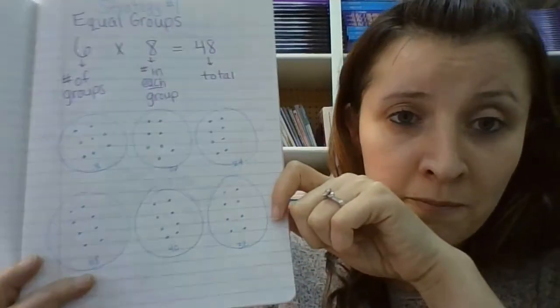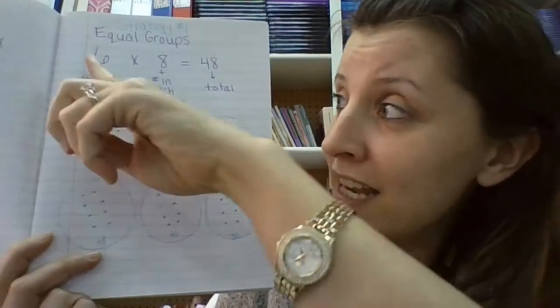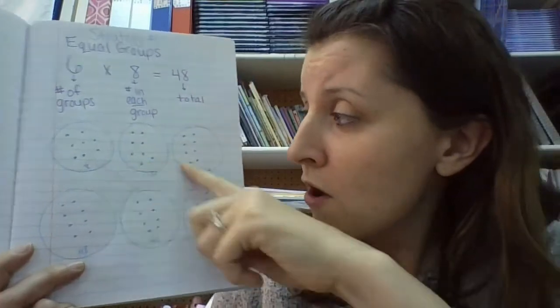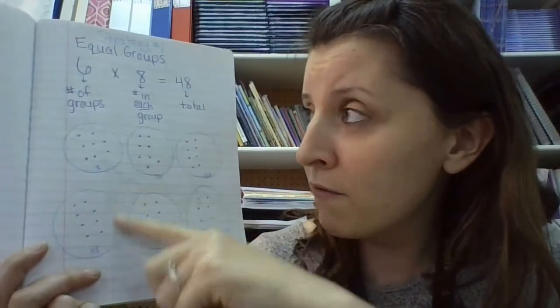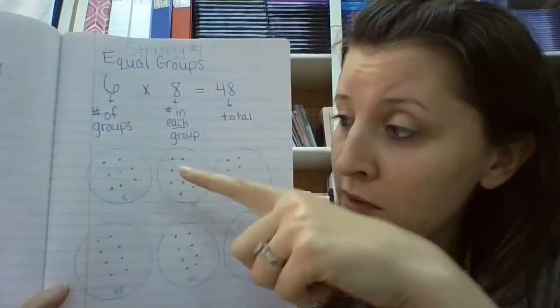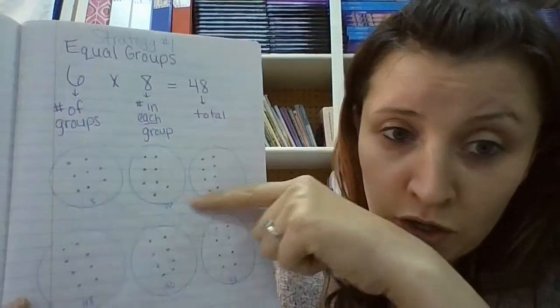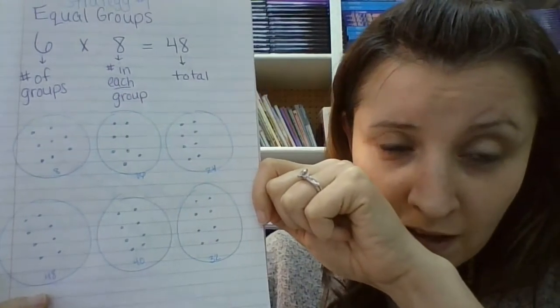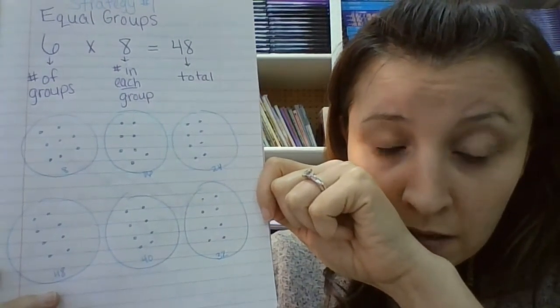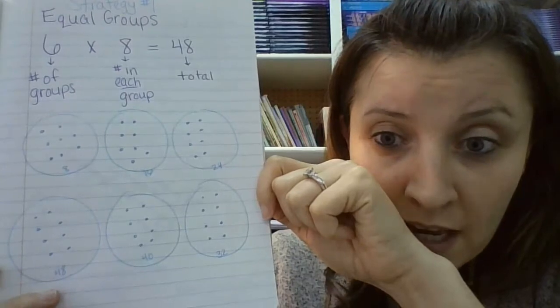In my notebook here, I have 6 groups. I have circles representing my number of groups. It said 6, so that's how many groups I have drawn. And in each group, I have 8 dots. So I have 8 things in each group.